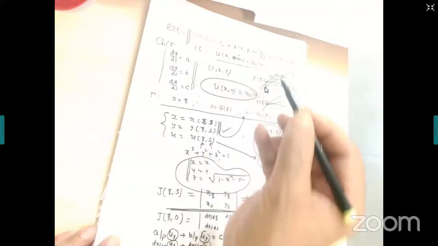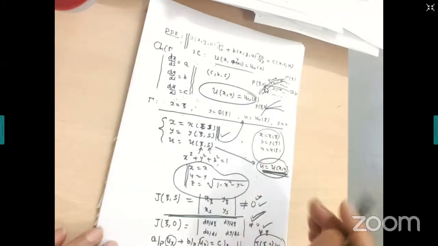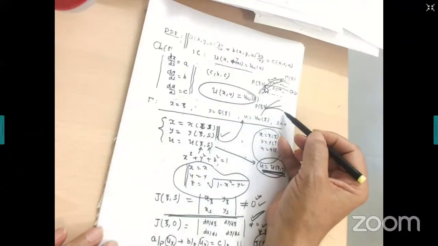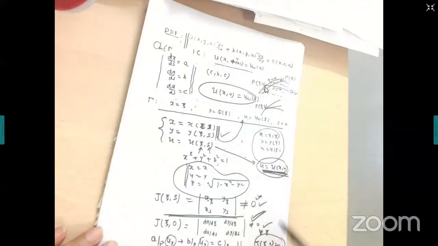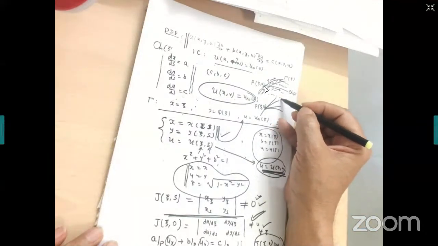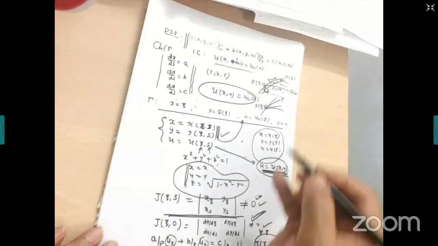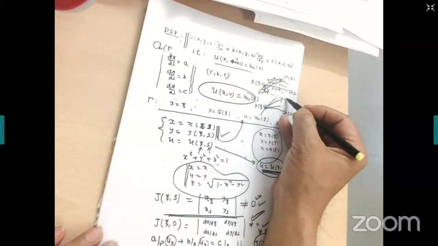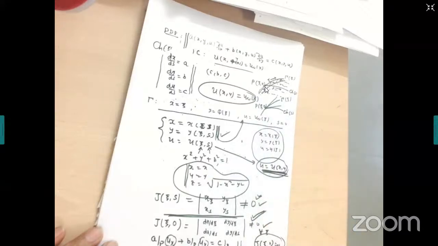So ABC are the components of the tangent vector to the characteristic curve, whereas x dash, y dash, u naught dash is the tangent to the given curve. This is your characteristic curve, and this is your given curve. So this means that they are parallel.